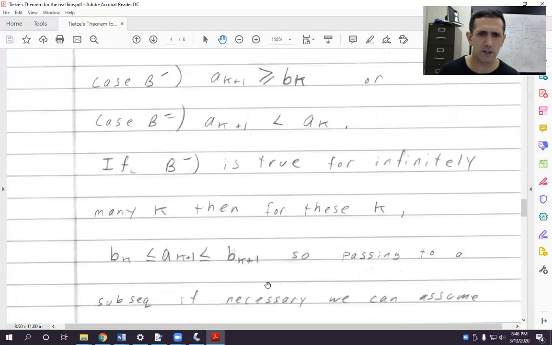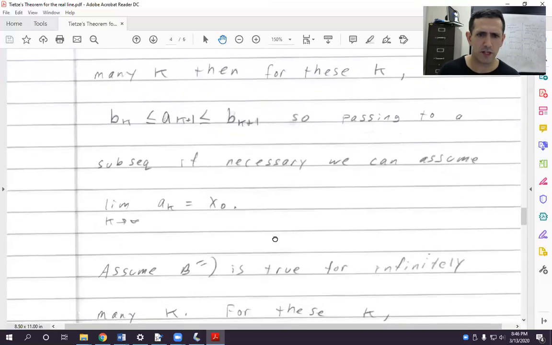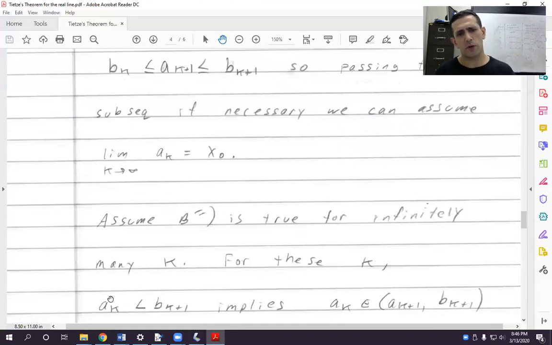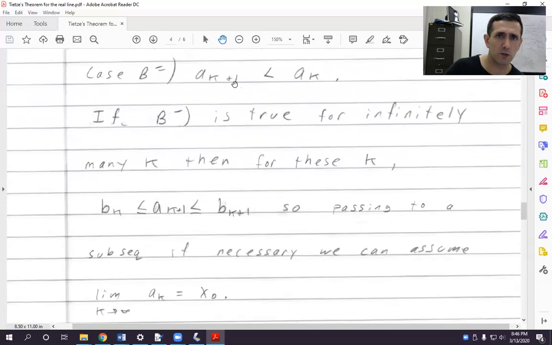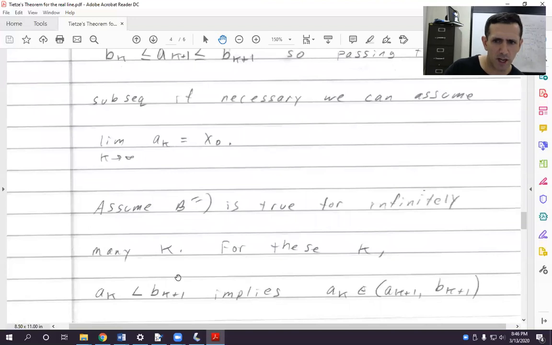Now in this case, if this is true for infinitely many k, then for these k, we're going to assume this is true and get a contradiction. So if this is true, then ak is less than bk plus 1, and B double prime is assuming ak plus 1 is less than ak. So we have ak plus 1 is less than ak, ak is less than bk plus 1.